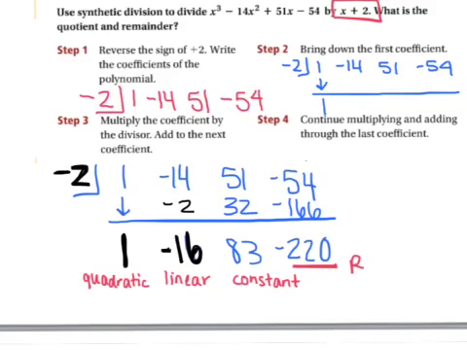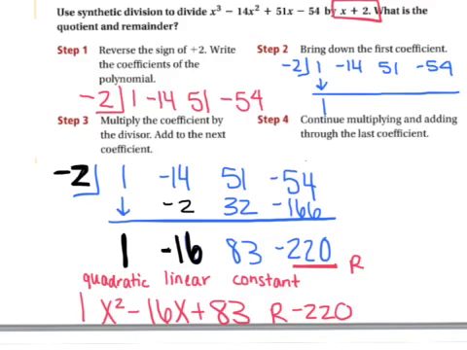So when you rewrite this as the quotient, you have x squared, or 1x squared, minus 16x plus 83, with your remainder of negative 220. And that is just a completely different way to do long division of polynomials.